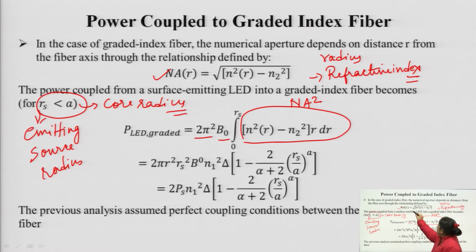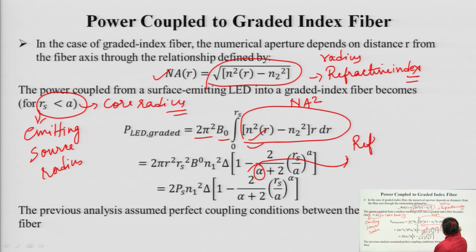NA is given here, it is under root n square as a function of r minus n2 square, but when we take the square of this it can be written in this form. And our numerical aperture changes as per the refractive index profile.